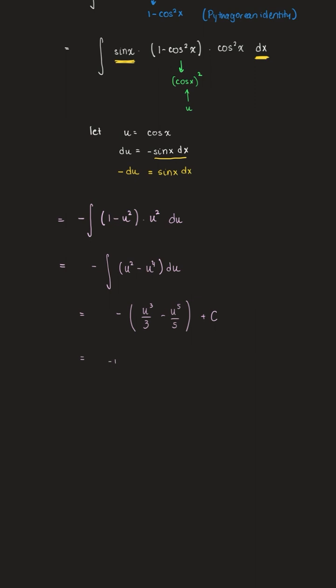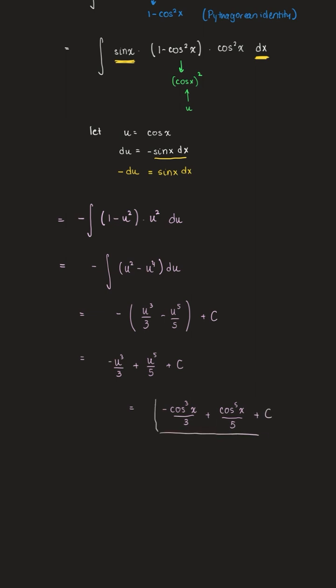So this will give us a negative u cubed over 3 plus u to the 5th over 5 plus c. And then in terms of x, since u was cosine, we have a negative cosine to the 3rd of x over 3 plus cosine to the 5th x over 5 plus our arbitrary constant c.